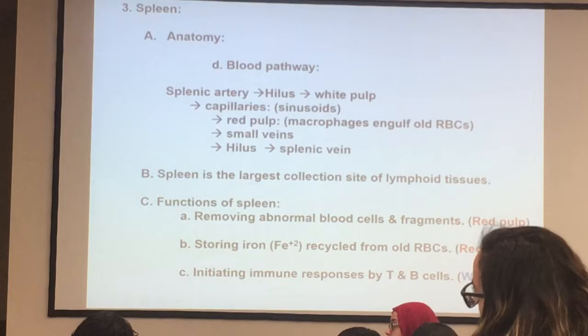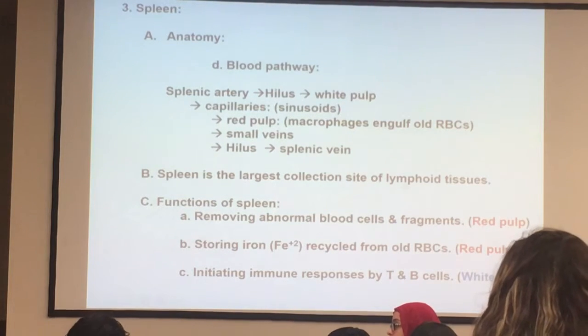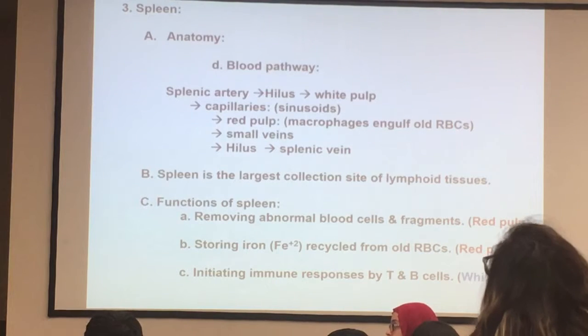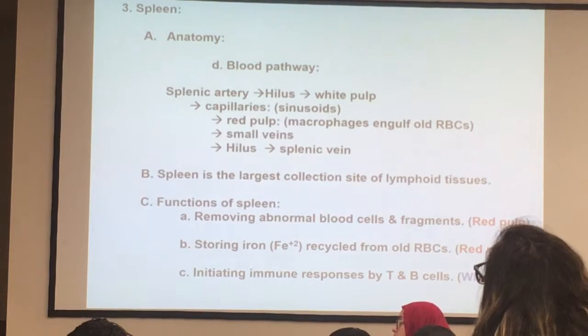And spleen is the largest collection site of lymphoid tissue because there's so many white blood cells. So if I ask you what part of our body has most of the lymphoid tissue, the lymphocytes, the answer is spleen. Okay, the function is what?